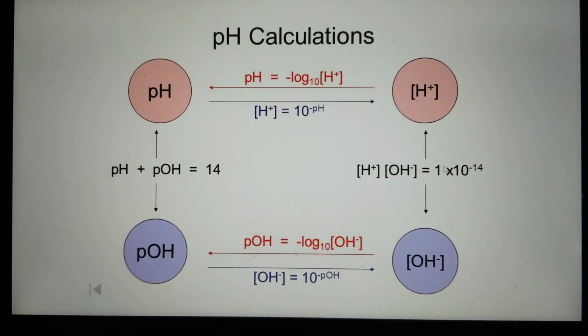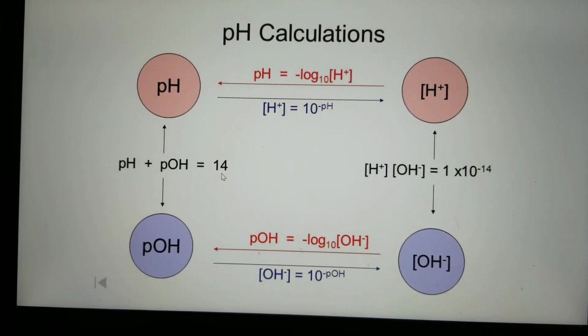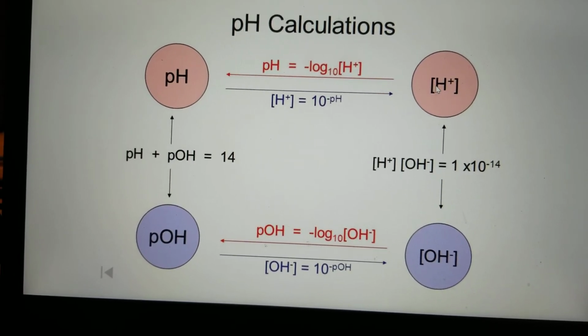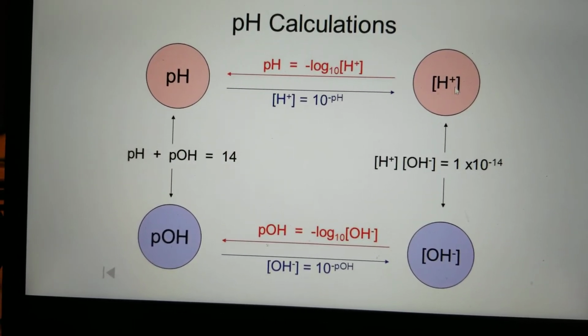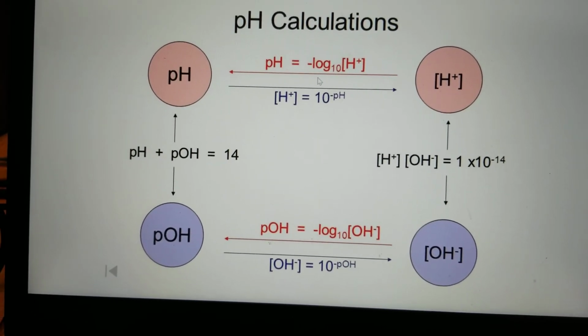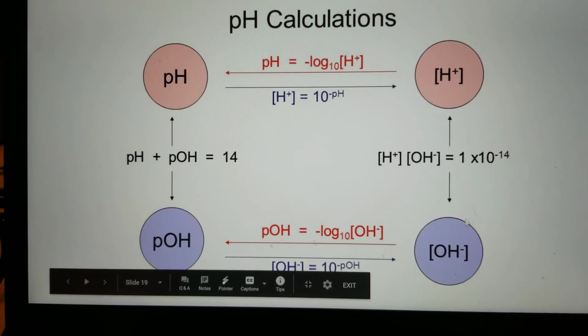So this is 1 times 10 to the negative 14. This is equal to 14. See the connections there. If you're going from pH to H plus concentration or vice versa, these are the formulas that I just showed you on the previous slide. And then down here, same thing for pOH and OH minus.